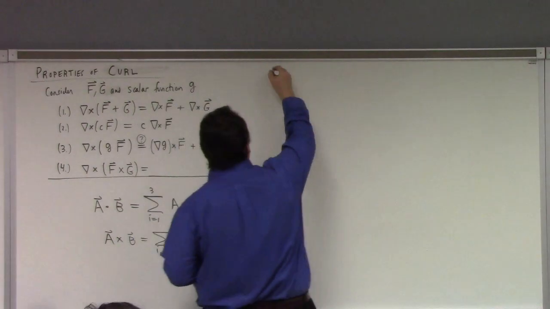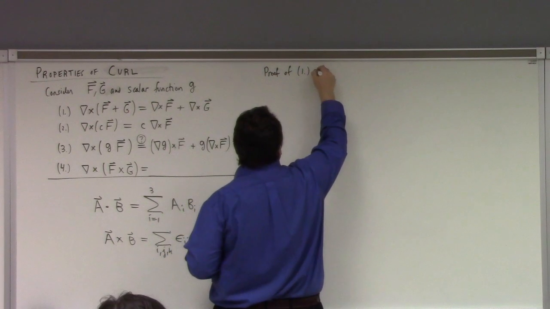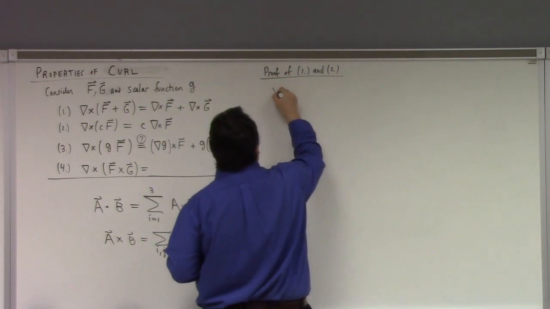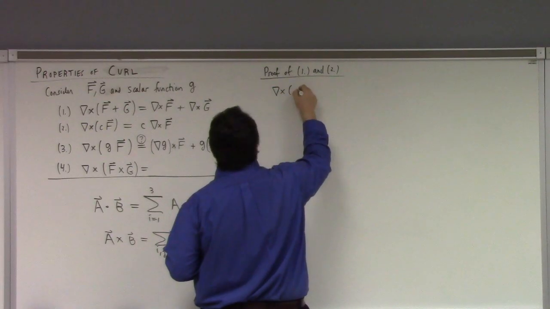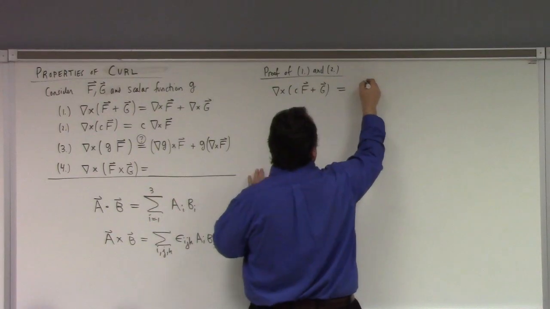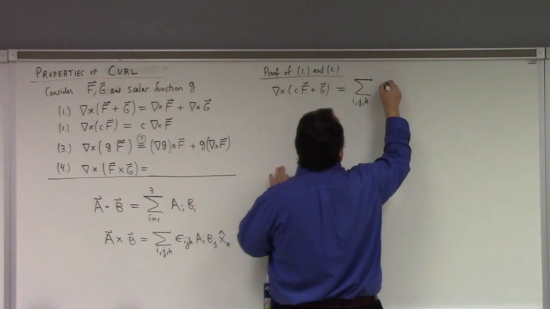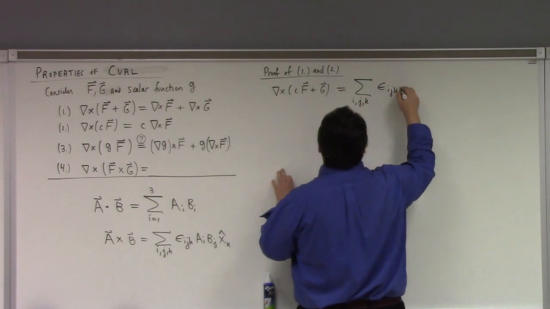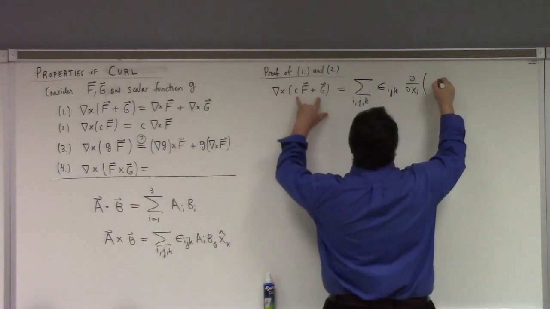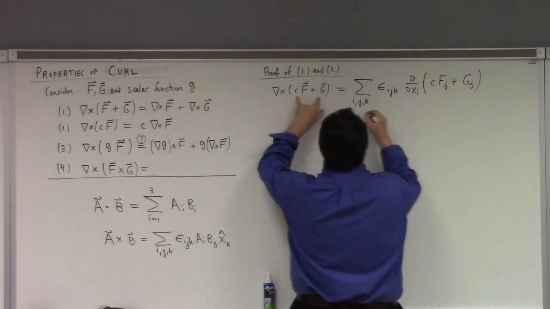All right, so the proof of 1 and 2 makes a decent test question. And so here's the way that goes. If we take the curl of cF plus G, then we've got the sum over i, j, and k of epsilon i,j,k partial x sub i of the jth component of this, which is cF_j plus G_j.